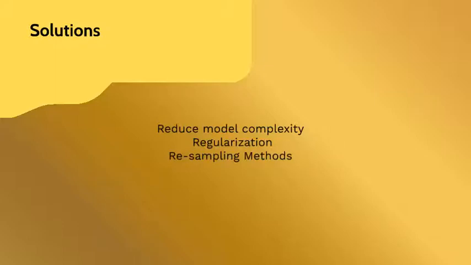The other methods we shall discuss in coming up episodes. But as of now, just as an overview, we also use regularization techniques here, like ridge, lasso, L1, L2. And we use resampling methods here, like k-fold cross validation, for overcoming this overfitting of the data.